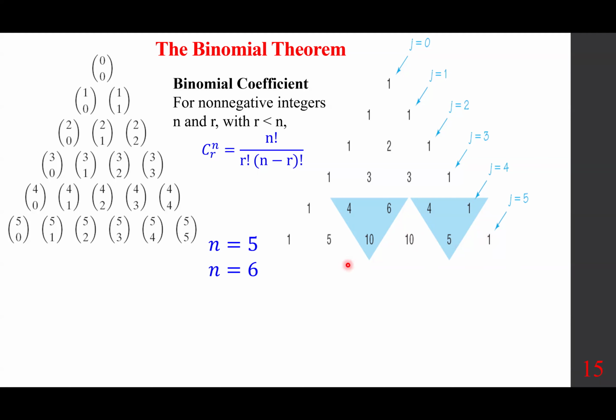And then this continues again with 1. This is 1, this is 1. So add these two, as I said: 6, 15, 20, 15, 6, and the endpoints are 1.